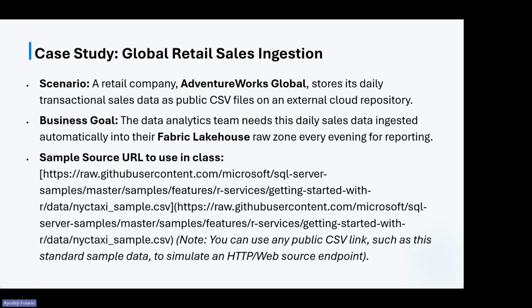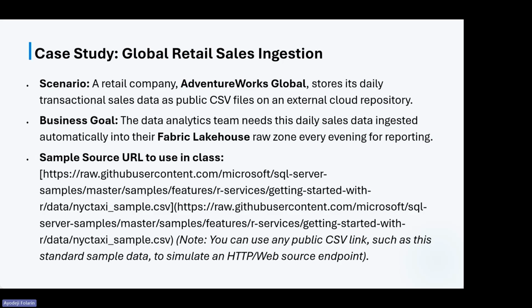I have a case study for us here. So we want to connect to a global retail sales ingestion. The scenario: a retail company, Adventure Works Global, stores its daily transaction sales on a public CSV file on an external cloud repository.